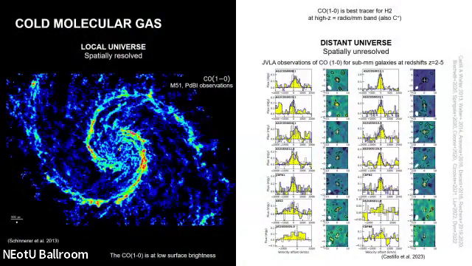But at high redshift, this is really observationally constrained, and this is because the CO(1-0), which is the best tracer for the H2, is actually at very low surface brightness. So here in this slide, you can see on the left what we can obtain in the local universe in the beautiful M51, where we can not only detect the CO(1-0), but we can see all the substructure related to the cold molecular gas emission. However, when we go at high redshift, the situation is a little bit different.